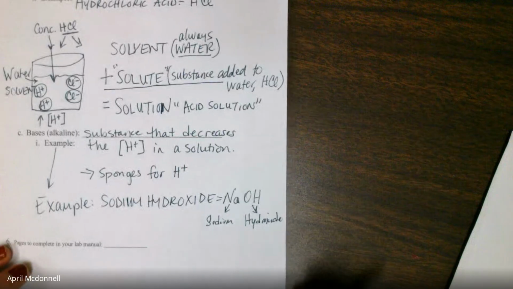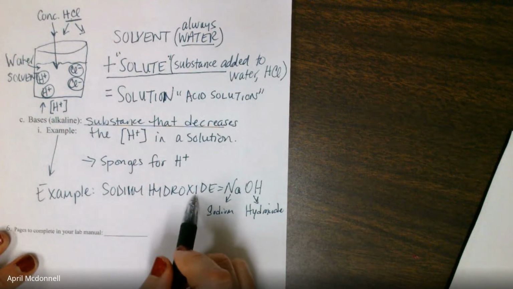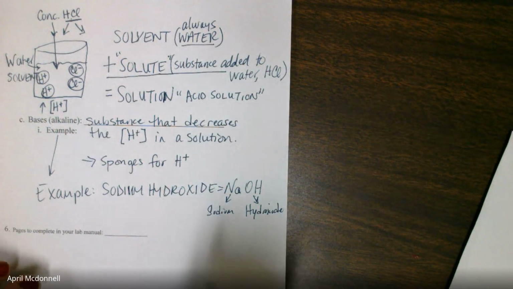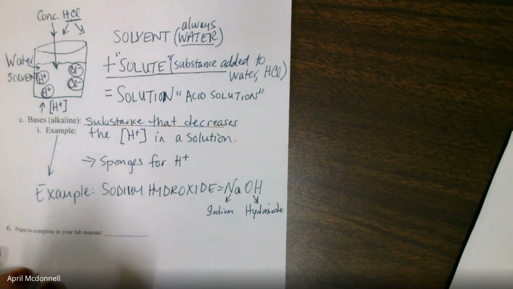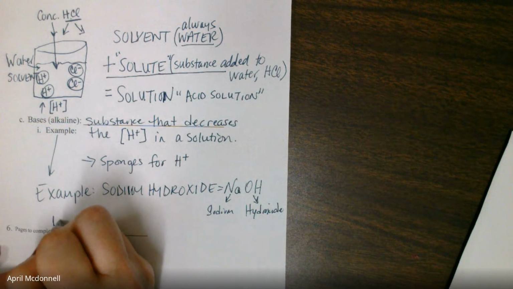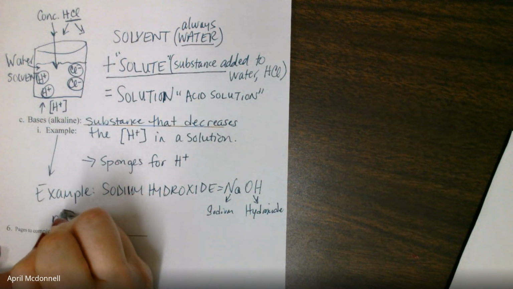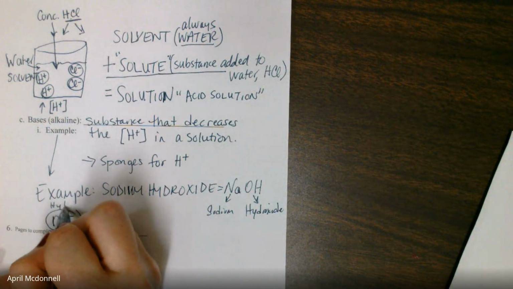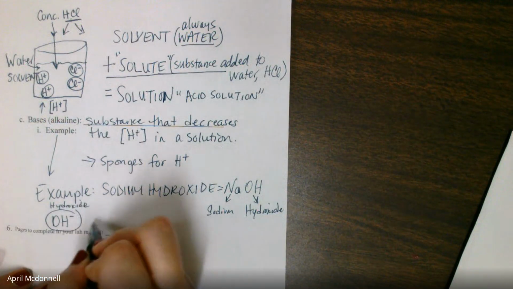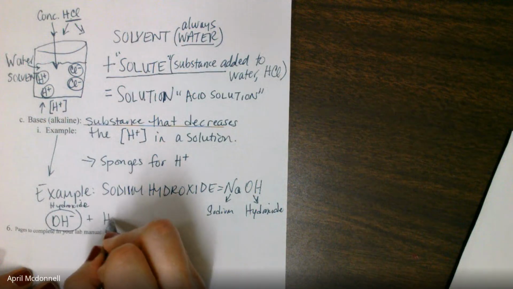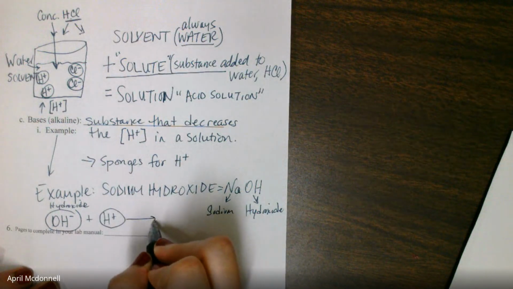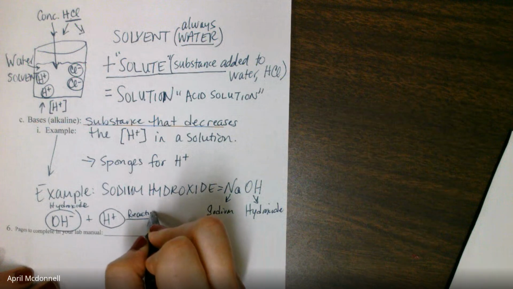Just like acids do, the sodium hydroxide will dissociate or break apart into sodium and hydroxide ions when you add sodium hydroxide to water. So if we have some hydroxide ions, which are negatively charged, floating around, so here's hydroxide, and we also have some hydrogen ions floating in the water. What's going to happen is a reaction.